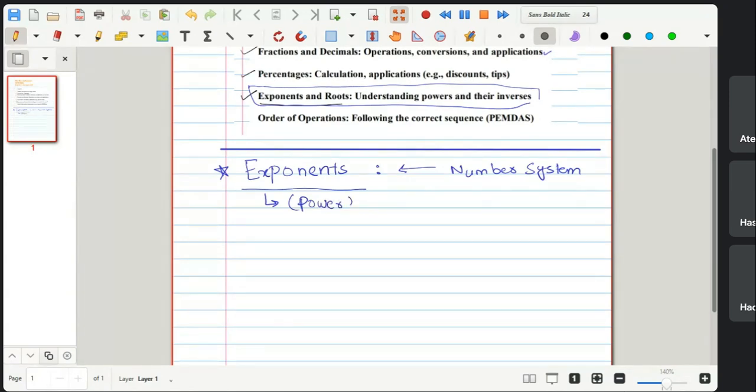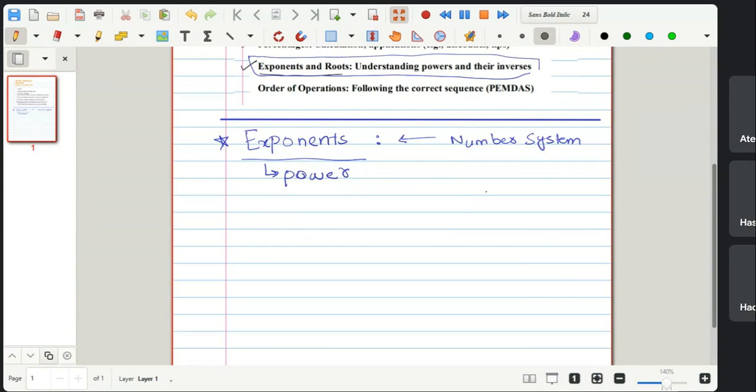So, dear students, in other words, we can also say that exponent is power. What is meant by power in mathematics? In daily life, we see that if two children, let me draw the children, there are two children, and one threw a stone to here, and another child threw the same stone to here.